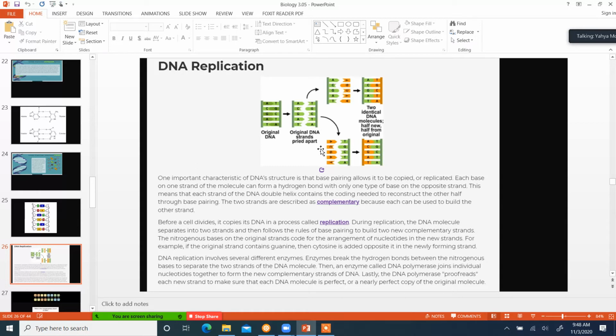Look at the end: DNA has been replicated. Instead of 1 piece of DNA, now you have 2 pieces. So this is the basic concept, because A and T can only go together and G and C can only go together.